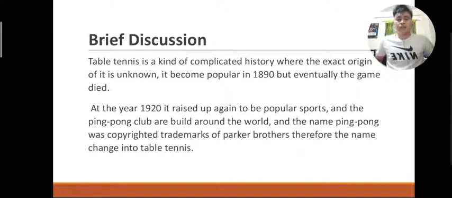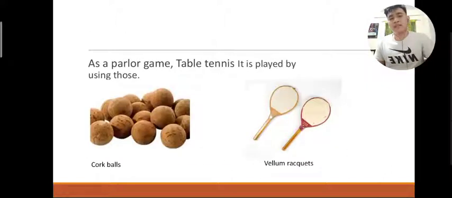The name ping pong was copyrighted as a trademark of Parker Brothers, therefore the name ping pong suddenly changed into table tennis. Table tennis was played as a parlor game where they used cork balls and vellum rackets.